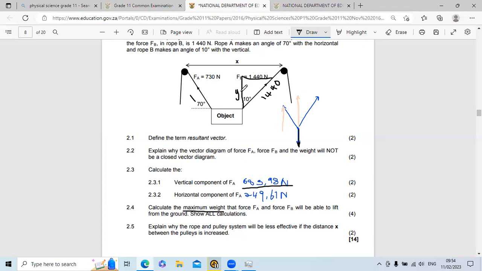So FBy is going to be equal to 1440 cosine 10.